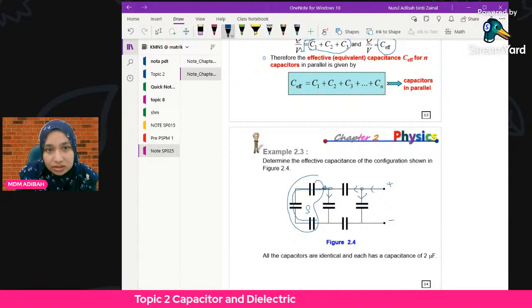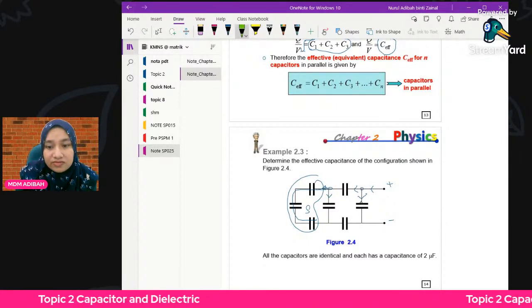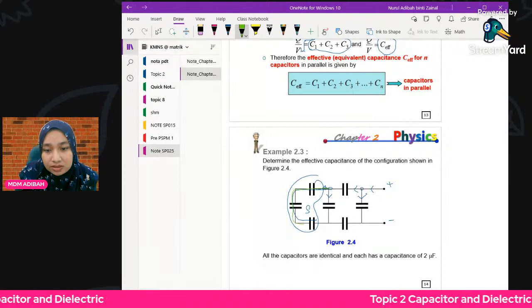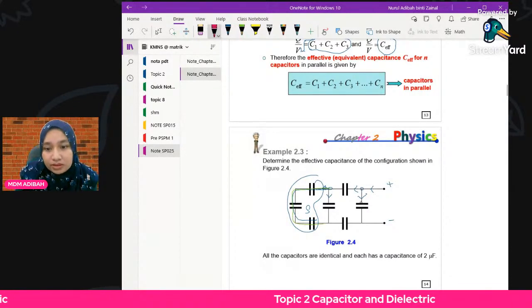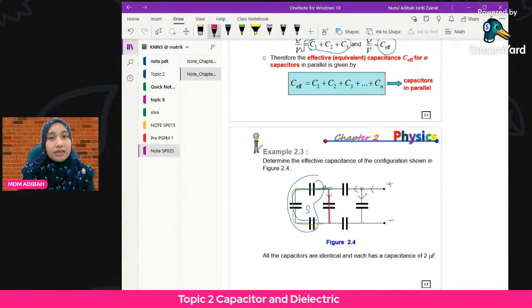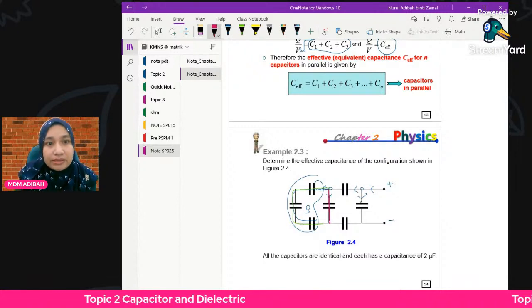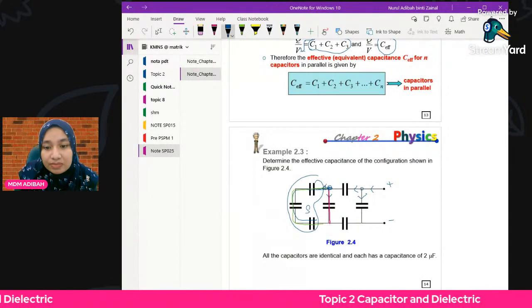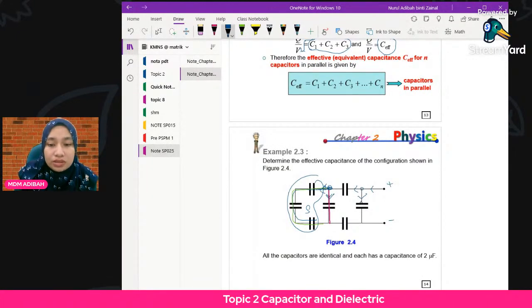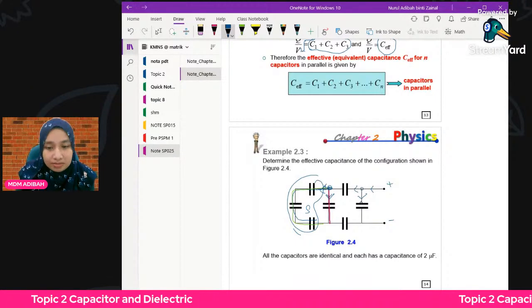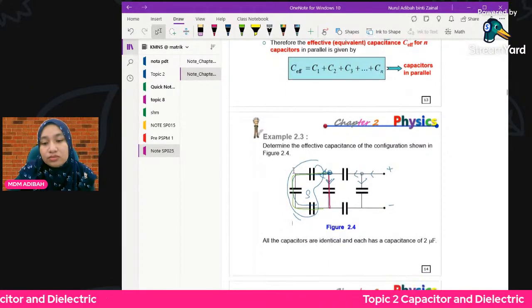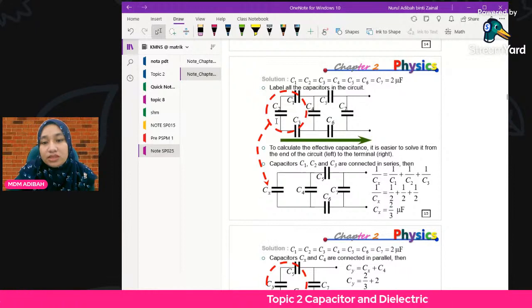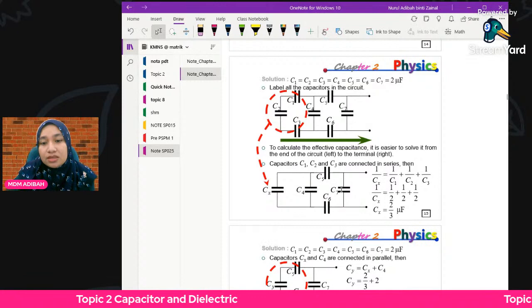Now laluan ini, let me use different color. Laluan ini dan ini adalah parallel. Kenapa parallel? Sebab dia jumpa di junction dekat sini. So dia dah pecah. So laluan ini dan laluan ini akan jadi parallel. Tambahkan, selesaikan yang tu dulu. Dapatkan CX, dengan C4 akan jadi parallel.